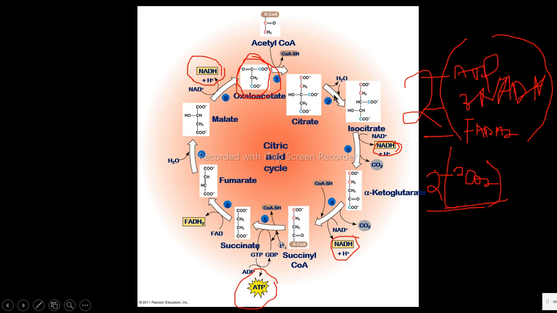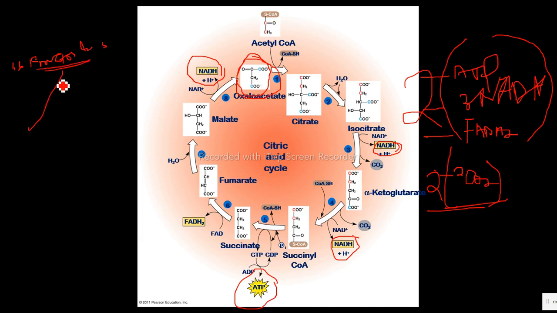You can see it is in glycolysis. Remember, after forming fructose 1,6-bisphosphate, it's a high energy compound.